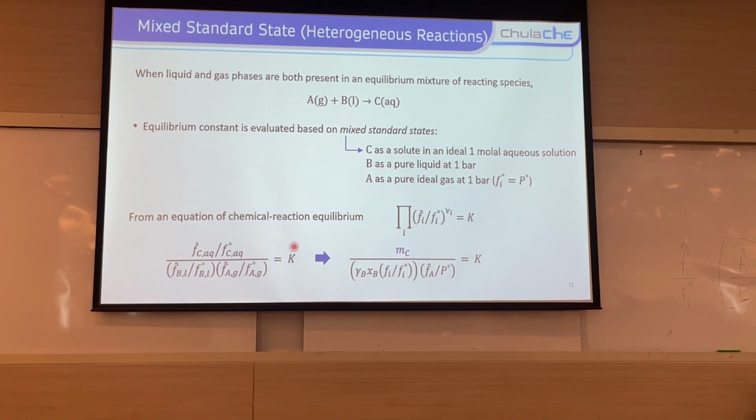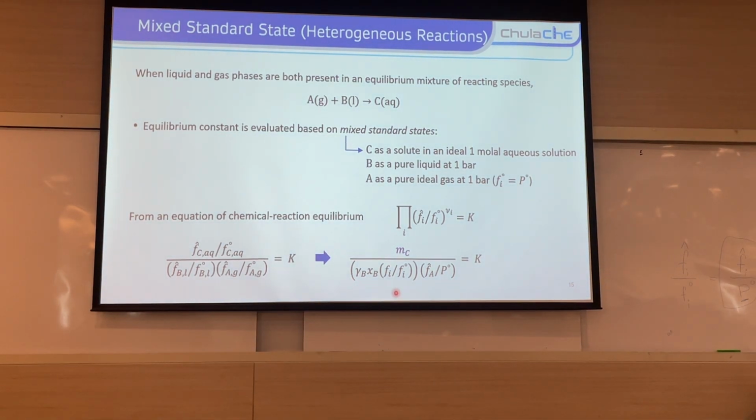For example, in the case of species C in the aqueous phase, the fugacity of the solute in the solution divided by the fugacity at the standard state of the aqueous species is equal to the molarity, or the concentration, of the solution. I will explain this in the next slide.